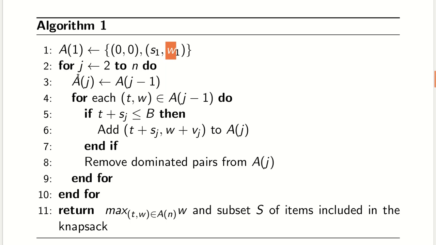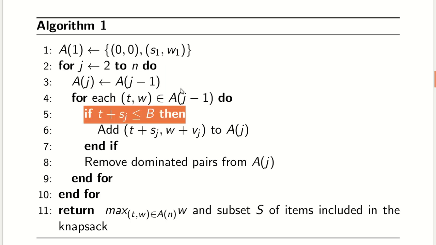First we have a for loop from j equal to 2 to n, and we initialize Aj with the previous list Aj minus 1. For each pair t comma w in Aj minus 1, we take the jth item and check this condition, and if it is satisfied, then we add this particular pair to Aj, and if not, we don't add.